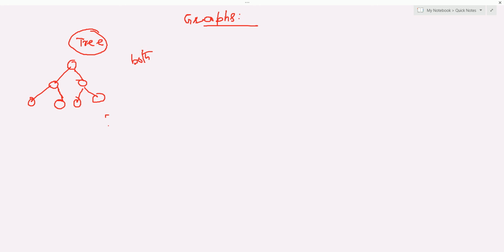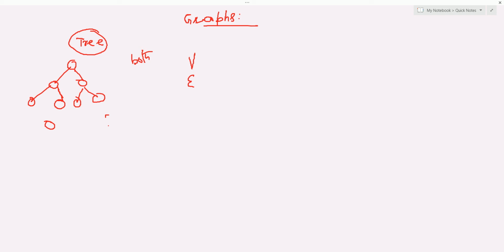You have a path. But if it is like this, it's unconnected. It's not a tree. Basically, it's two trees because it's unconnected. But if I ask, is this a graph? I will say yes, because a graph is a set of vertices and a set of edges.